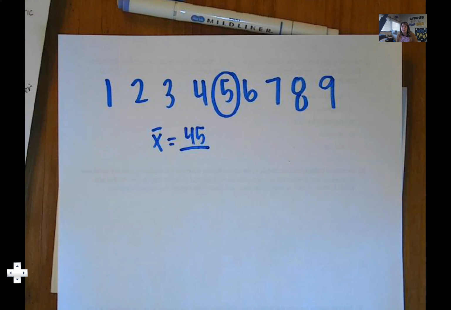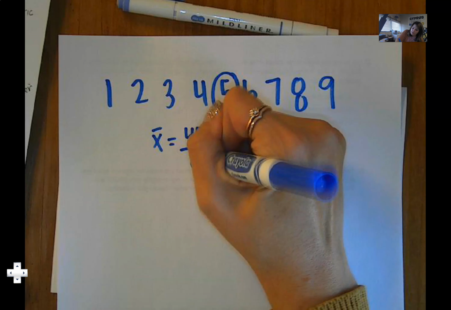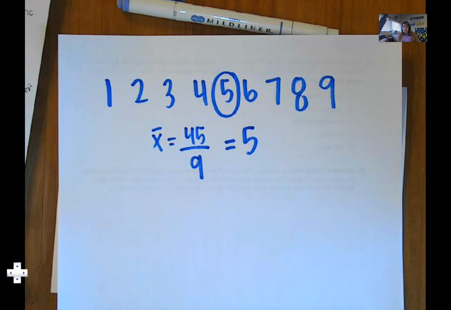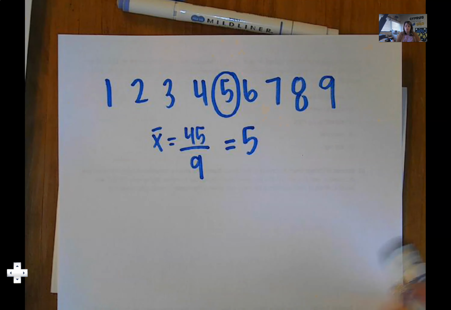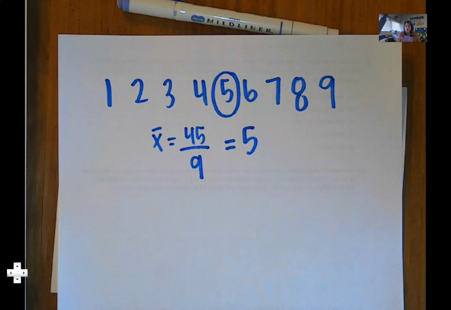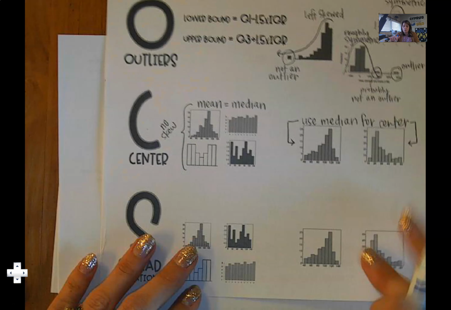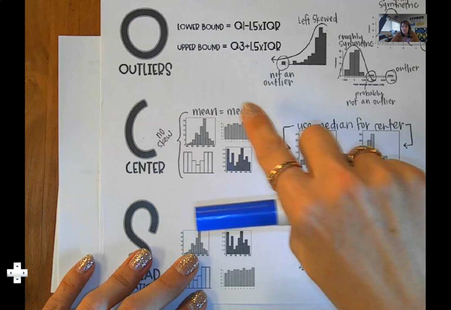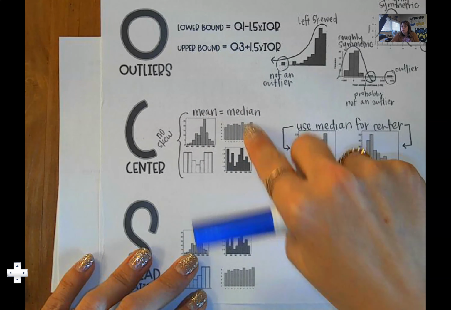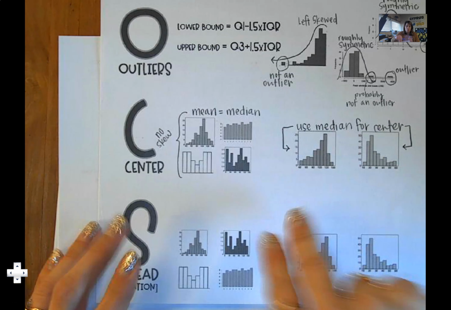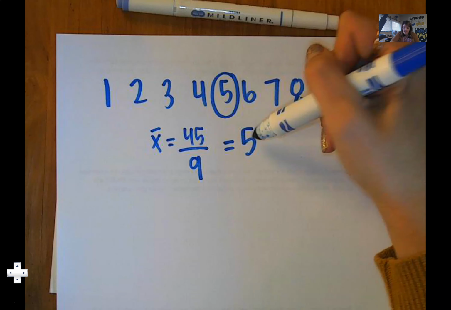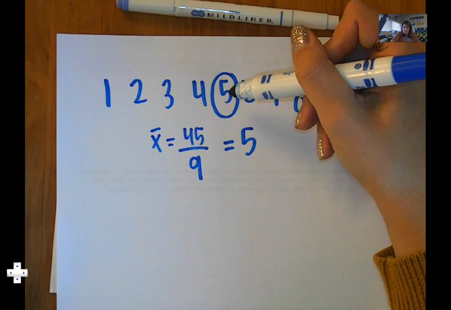We divide it by the number of observations, which is 9, and we get 5. So this is a symmetric data set with no skew, and notice what we determined is true: the mean and the median are equal because there's no skew. The mean is 5, the median is 5.